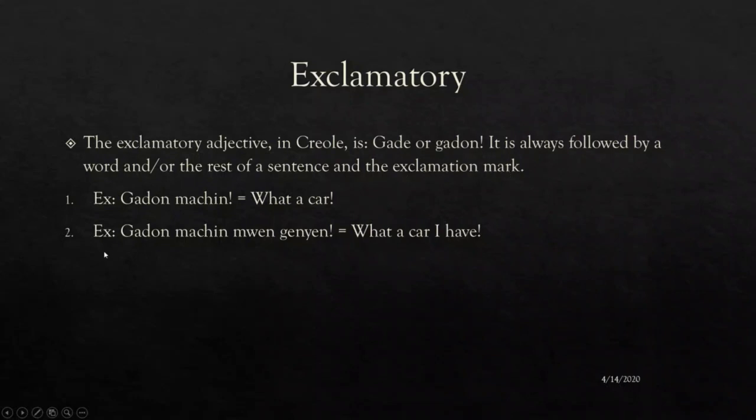That's how you know it's an exclamation. If you don't put that exclamation mark, garder will mean something different when you start learning more Creole. You have to put that exclamation mark. Or if you speak it, you gotta express it verbally, like in English when you say what? So gardon machine, what car! Gardon machine, what a car I have! So I think that's it.